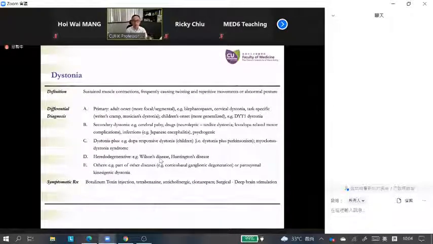CDE, dystonia plus syndrome. There's Wilson's disease, or even Huntington's. Apart from chorea, some may have dystonia. But Wilson's disease is a problem with the metabolism of copper. It will accumulate in the liver, causing liver failure, liver cirrhosis. It may also accumulate inside the brain, inside the basal ganglia, causing dystonia, with KF, Kayser-Fleischer ring.